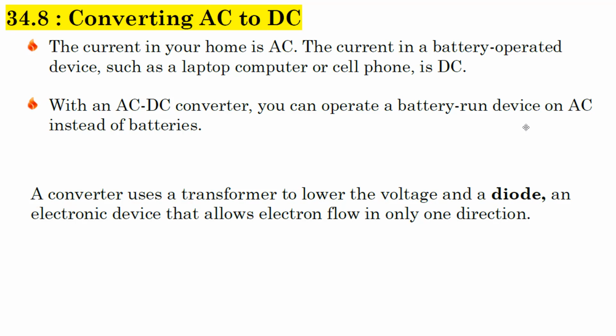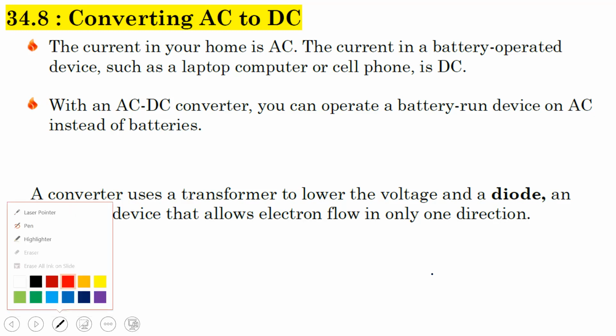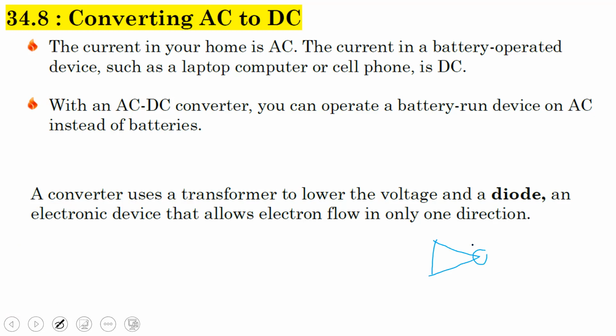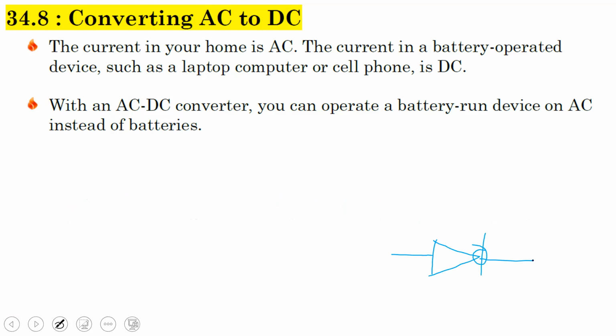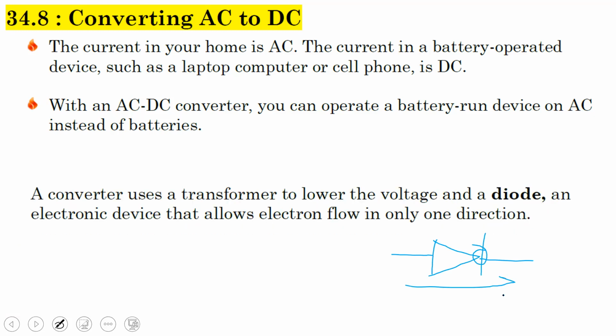And also they use a diode. So they use a transformer that lowers the voltage, and they use the diode to allow electron flow in one direction. This is just to take as information. This is the diode. This diode is telling me that the current must flow in this direction.